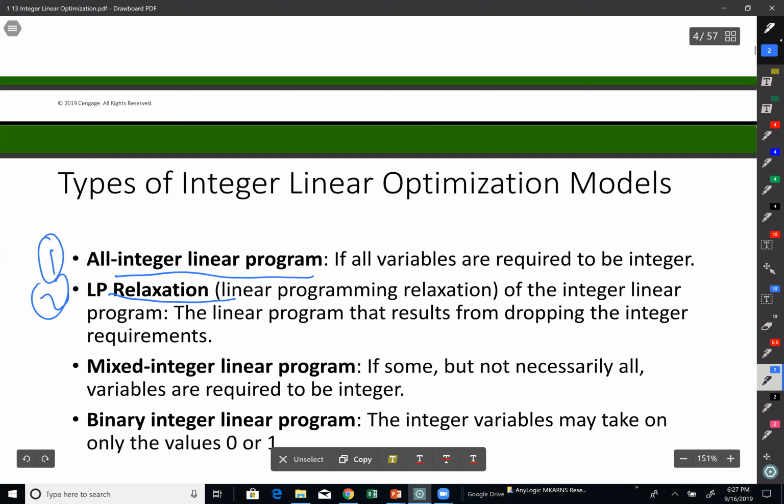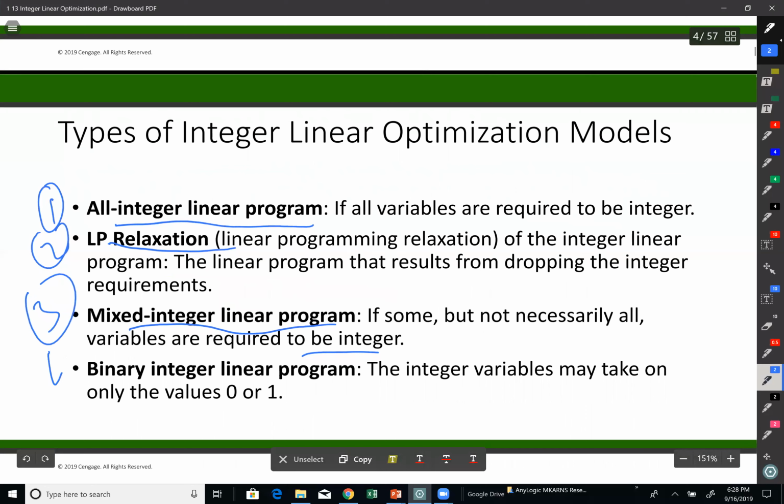Basically, I can relax my problem so that I can solve a linear version of my program, and that will give me an upper or lower bound depending on maximization or minimization problem. Mixed integer linear program: some of those variables are integer, not all. And then binary integer linear program. Basically, my variables can get the values of 0 or 1.